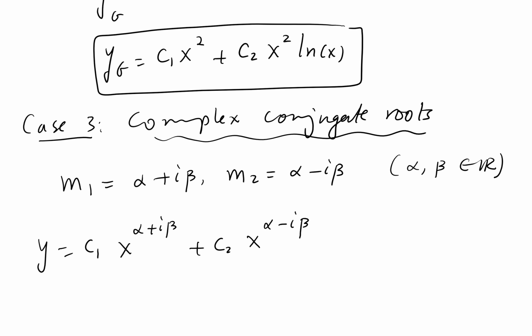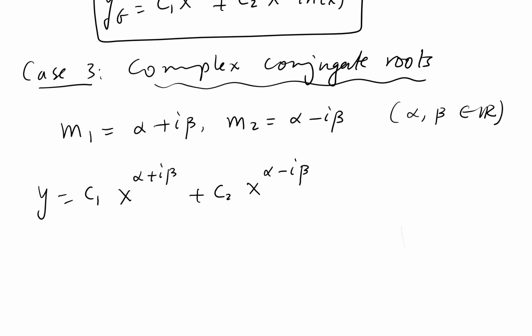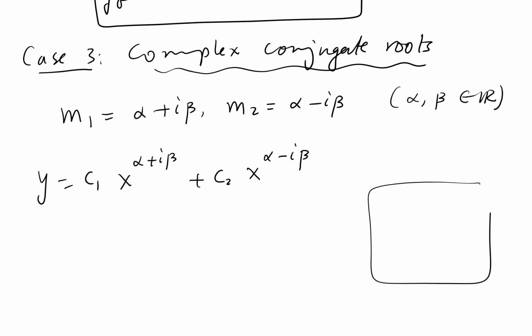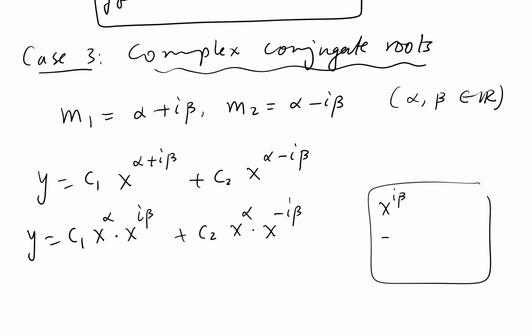But there are different forms of this. On the right side, I'm going to write something here. What you can do first is rewrite this by breaking this up like so: x to the alpha times x to the i beta, plus c2 x to the alpha times x to the negative i beta. So x to the i beta, you can write as e to the natural log of x times i beta, because e to the natural log of x is x.